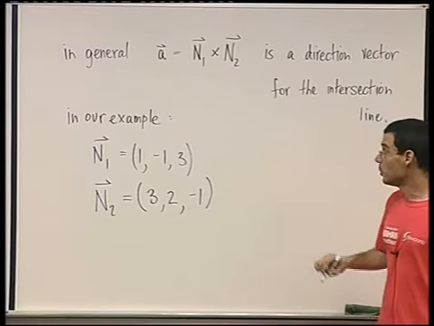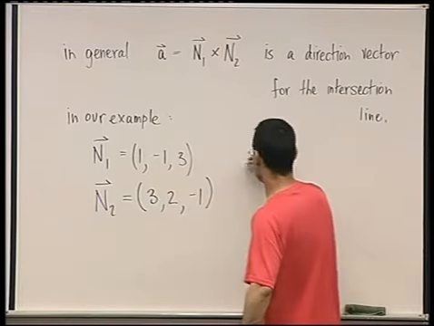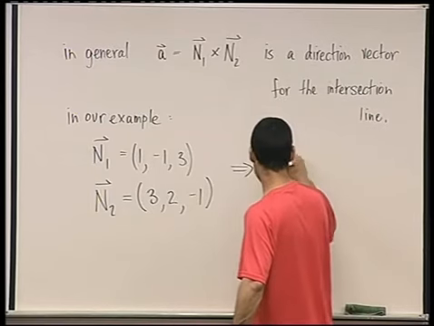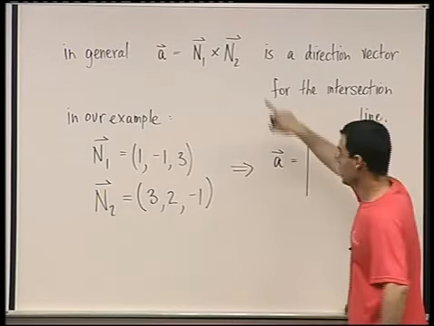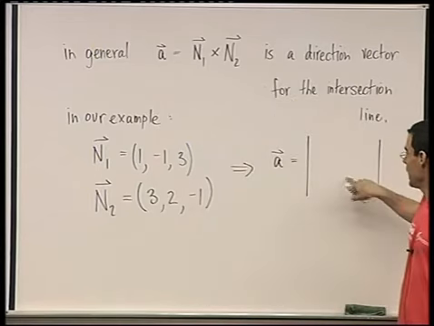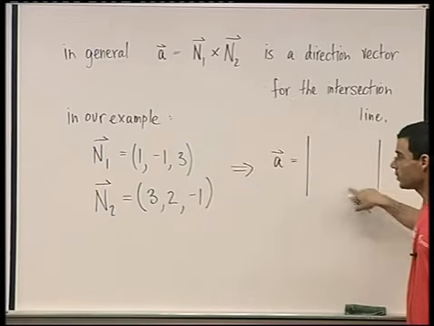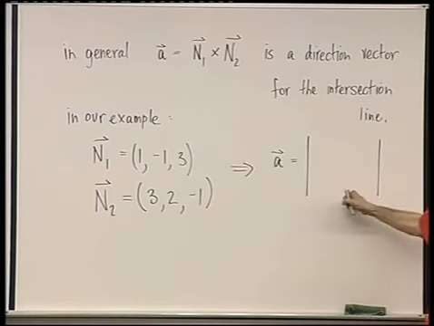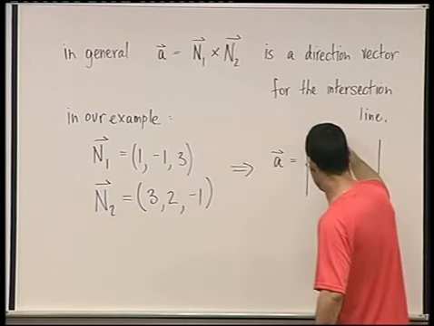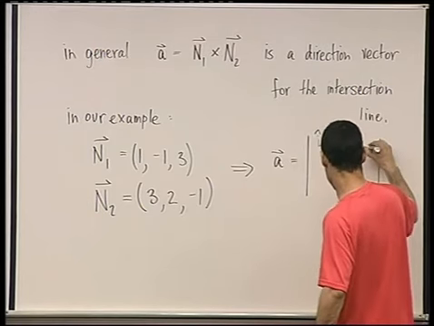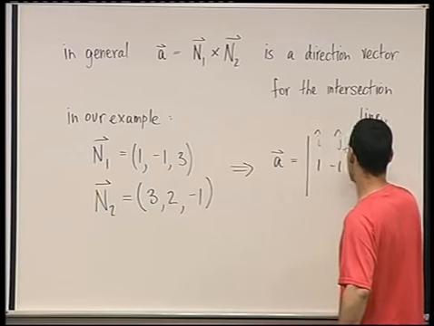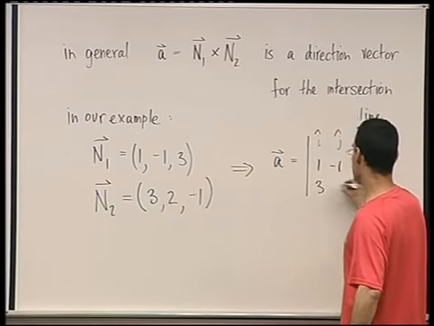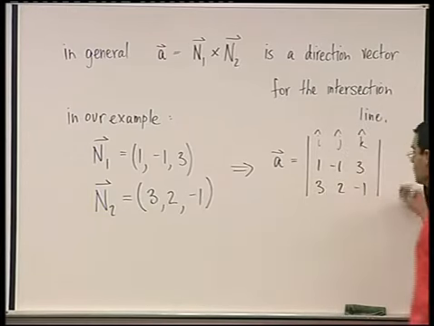Right? So what is A going to be? So therefore, A is going to be their cross product. And the way I calculate a cross product, when I know the components, is using this determinant business. Remember? So I write I, J, K, and then the components. 1, -1, 3, 3, 2, -1.